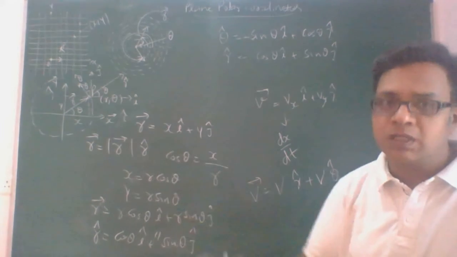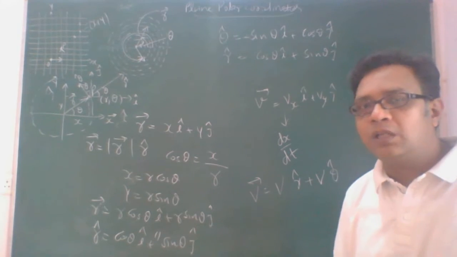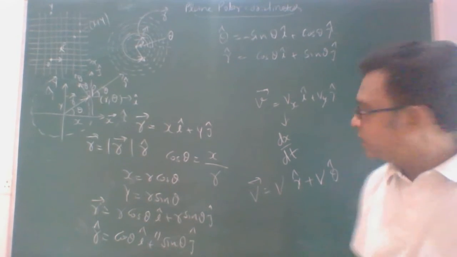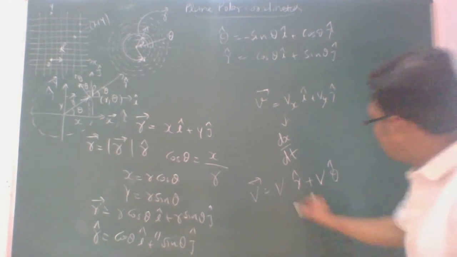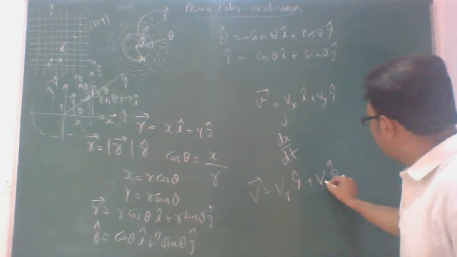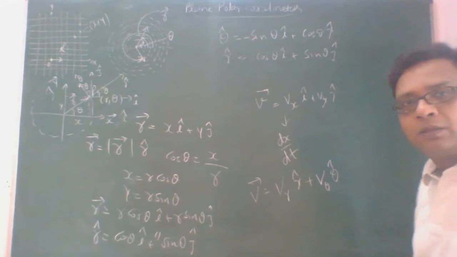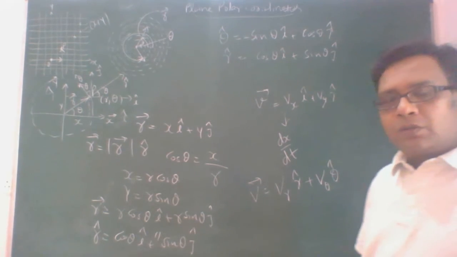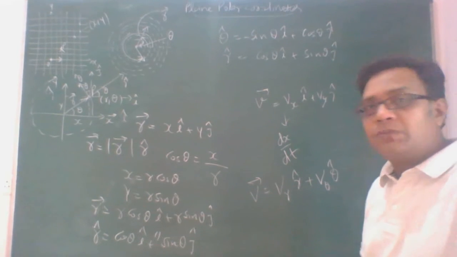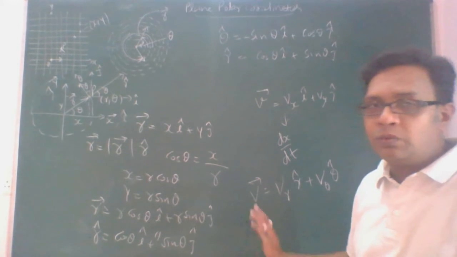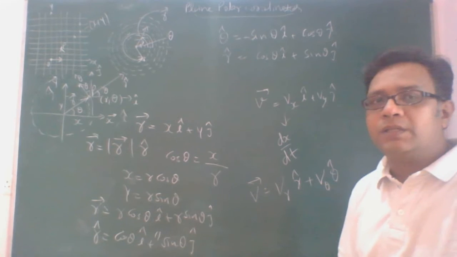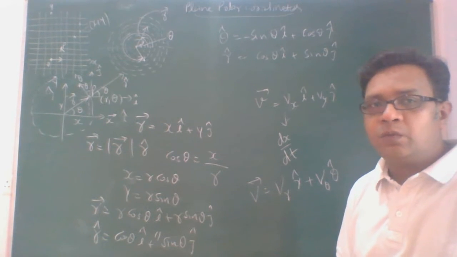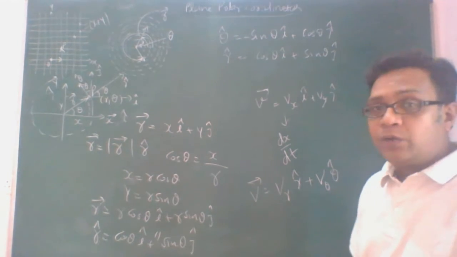One follows radially the r cap direction, the other follows tangentially the theta cap direction. Let me, for the time being, write them as Vr and V theta. No harm, we can just indicate them. So our job is now to know what these components, Vr and V theta, are. Let us try to attempt it.